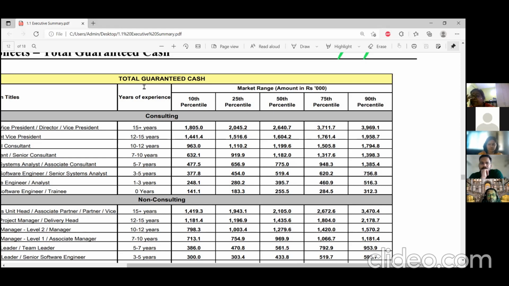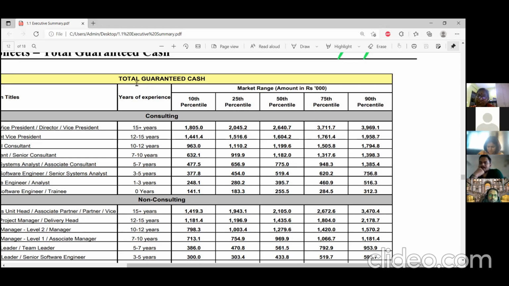Are you with me? So when you look at data, even for your own validity, check what the report says by total guaranteed cash and what components they have taken into consideration. Step 1. Then check what you are taking into that total guaranteed cash. Because if you add more and they are less, or the other way around, there won't be congruence. Got it?